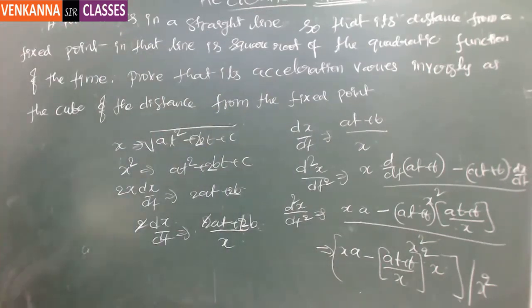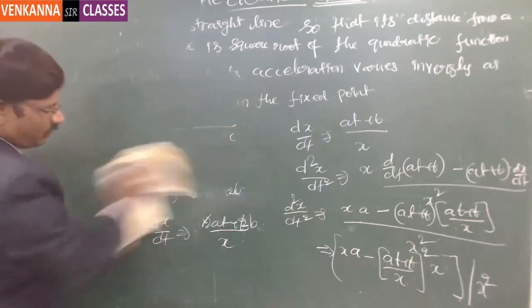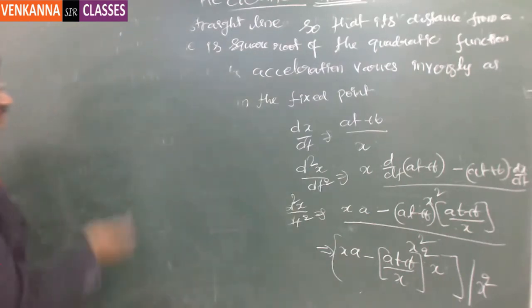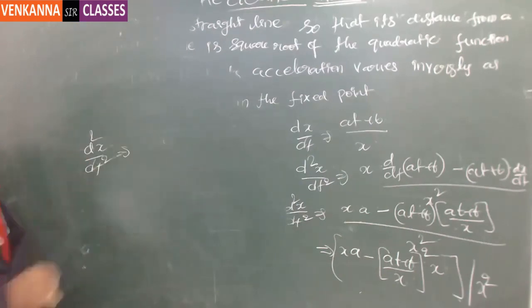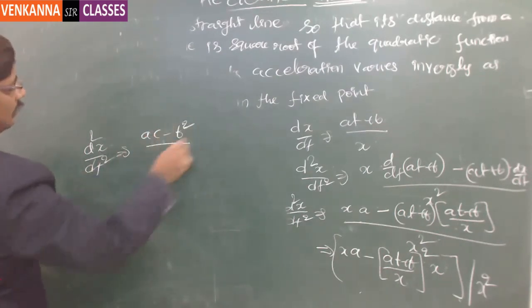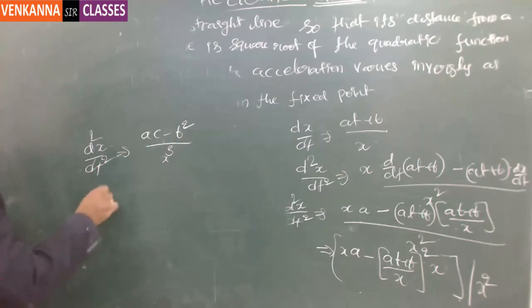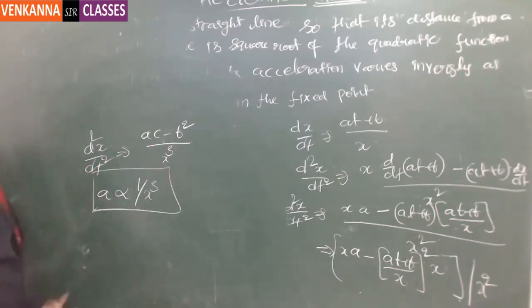Got it? So this is how you can solve these problems. Finally this will come as d square x by dt square is equal to ac minus b square divided by x cube, which essentially means that a is directly proportional to 1 by x cube. Got it?